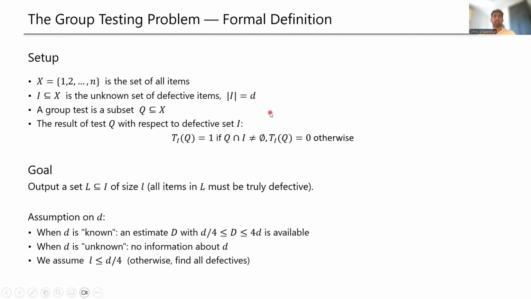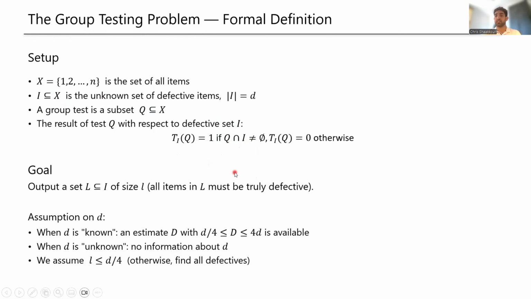We call a group test Q a subset of X, and the result of Q with respect to the defective set I is 1 if the group test Q has at least one defective item, else it is 0. So if Q has one item inside of I, the defective items, we return 1, else 0.